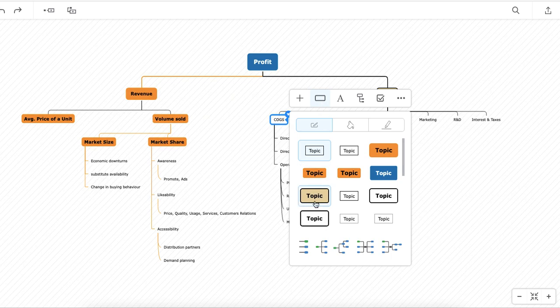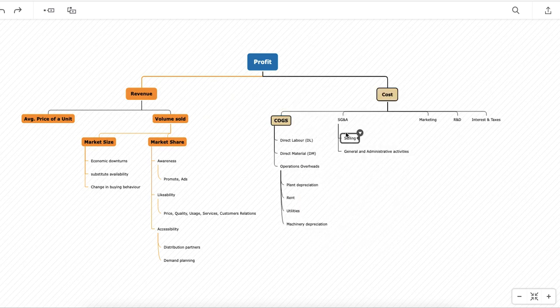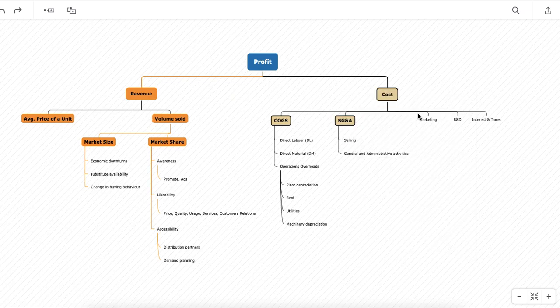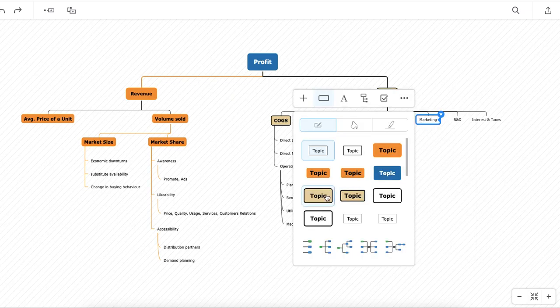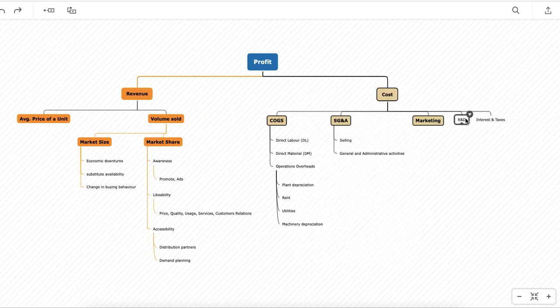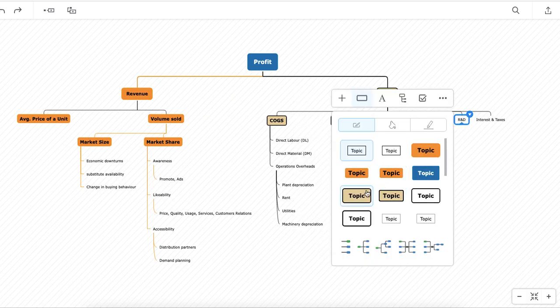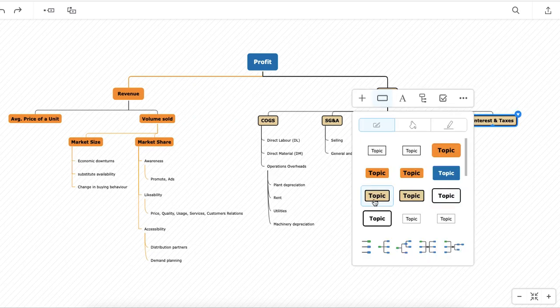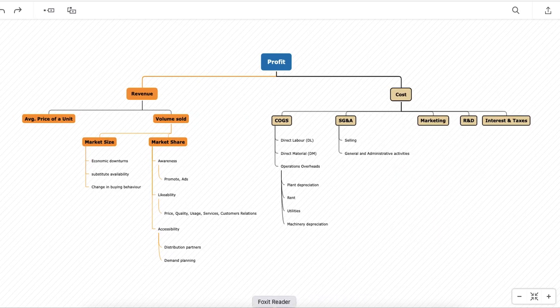Comment in the chat if you have any doubts. I'll be more than happy to either answer it myself, or at least direct you to a link where you can get more pointed answers. So awesome, I think this looks good, and you can take a screenshot.